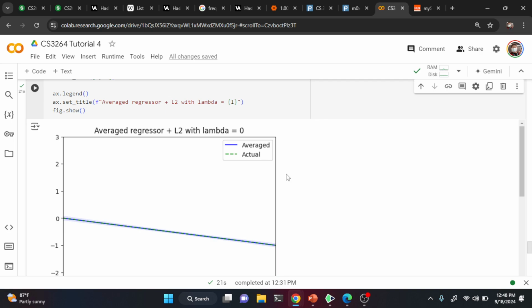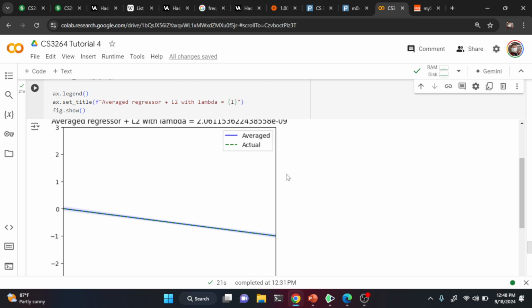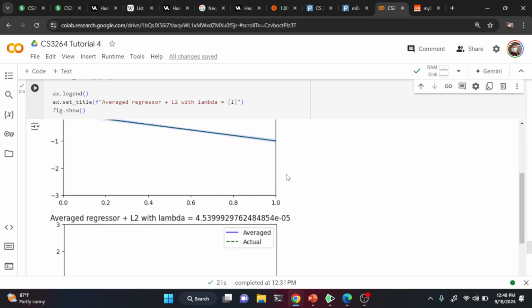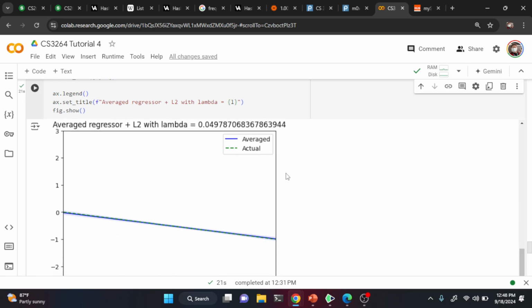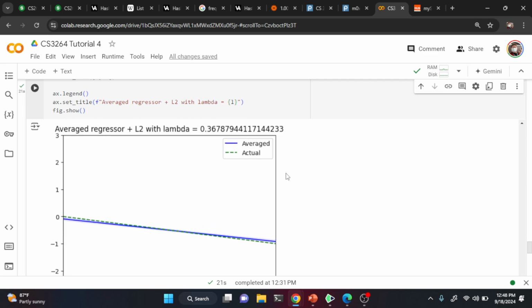Then lambda is equal to 2.0 times 10 raised to negative 9. Still very small, so you will see not so much of an effect, until it goes to higher values, when lambda is equal to 3.7. You see how it deviates.